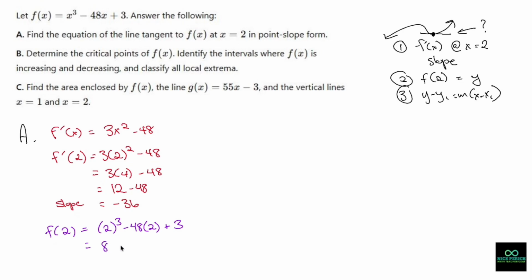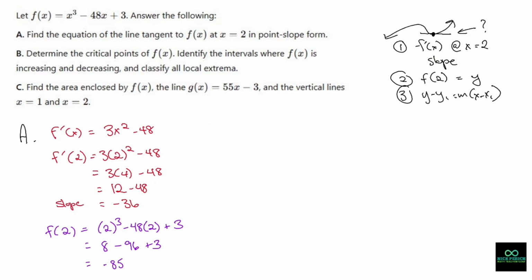So that's 8 minus 96 plus 3. And 8 minus 96 is negative 88. Negative 88 plus 3 is... no, it's not 91. Negative 85. What was I thinking? Negative 85. All right. So that's our point.